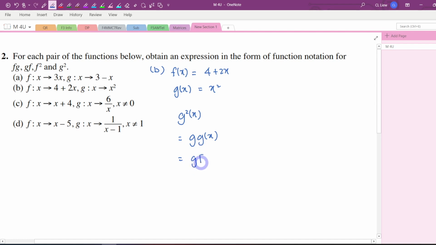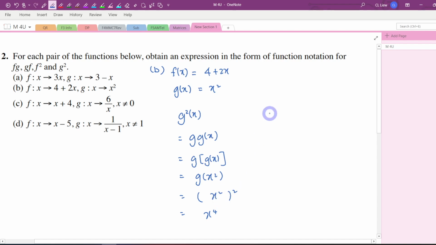Let us focus on the first one. What is g of x? x squared, right? Now you need to do one more time. x squared, x squared. So what I should write over here is x squared. So eventually you will get x to the power 4.